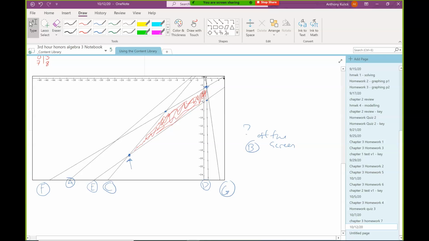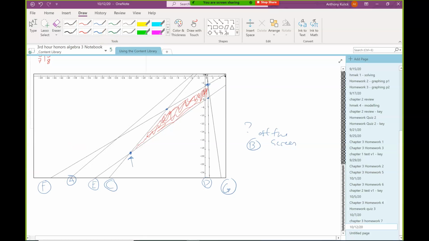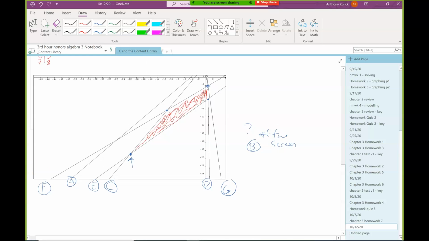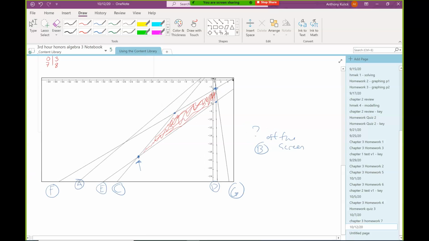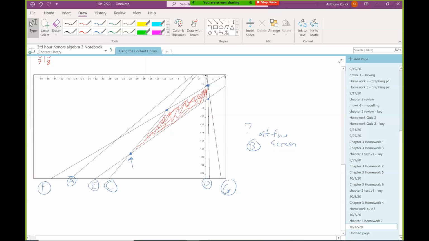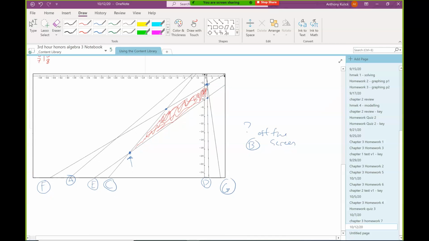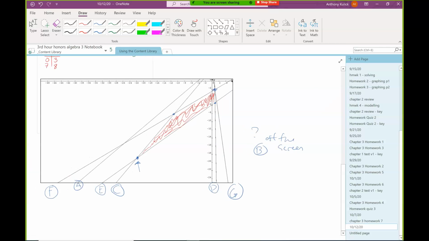What is this? OneNote, you're just clearly having some issues today. Is this frustrating for you guys? It's frustrating for me.